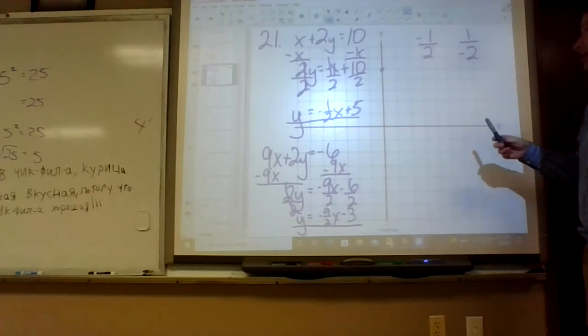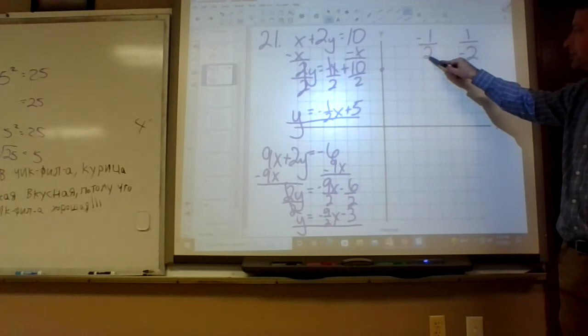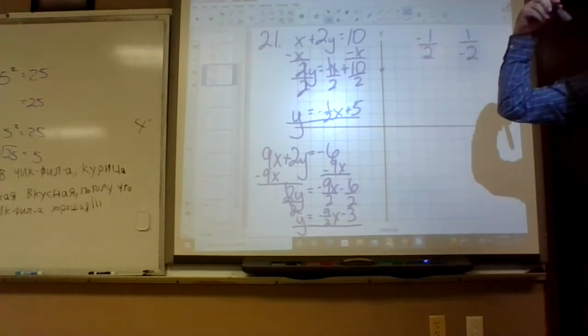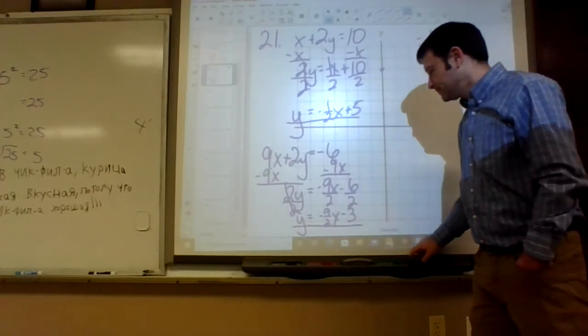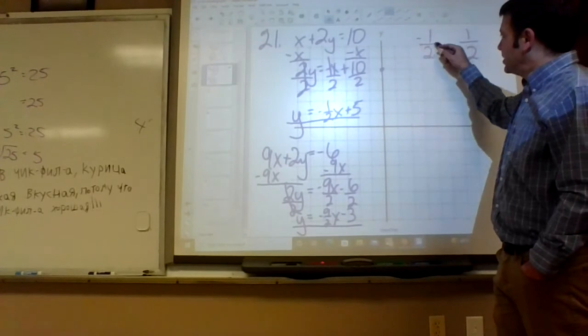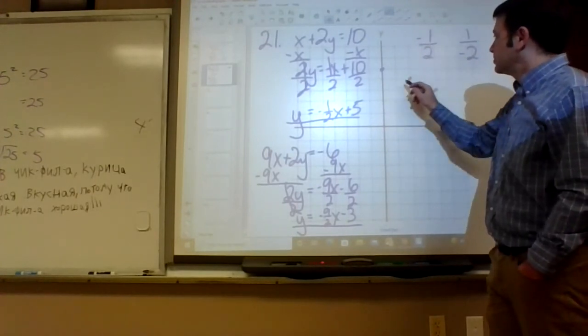So we can go down 1, right 2, or we could go up 1, left 2. Remember how going backwards works on these? Usually I do the first one. Down 1, right 2.